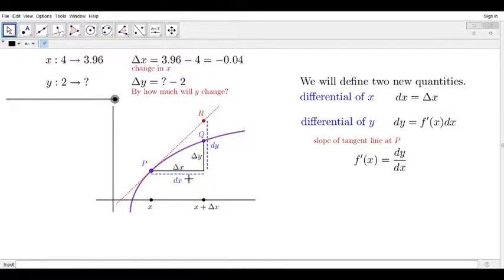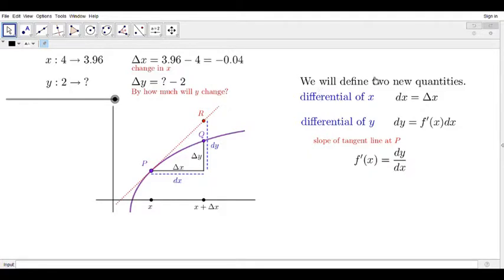But if dx or delta x is close to 0, then both Q and R would be much closer to P, and consequently Q and R would be much closer to each other. The vertical segments with lengths delta y and dy would then be much closer in length. Thus, dy will be approximately equal to delta y.